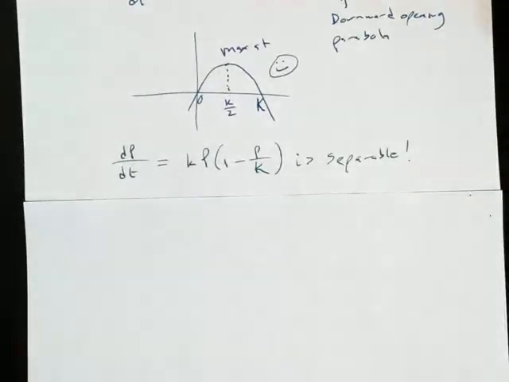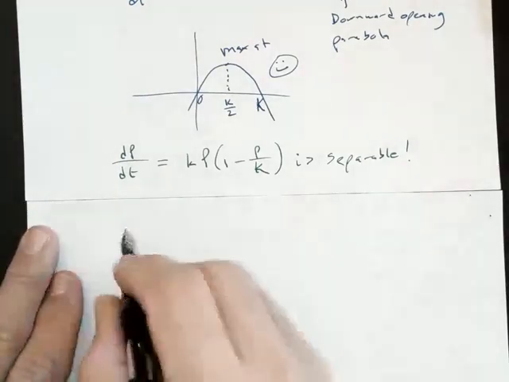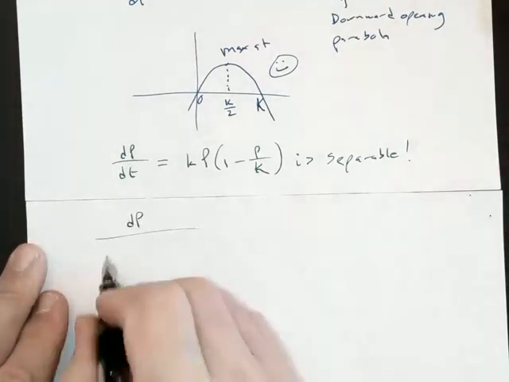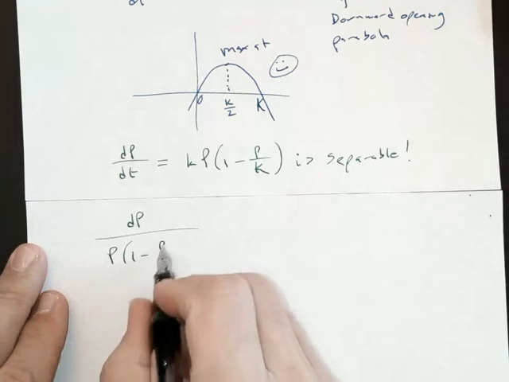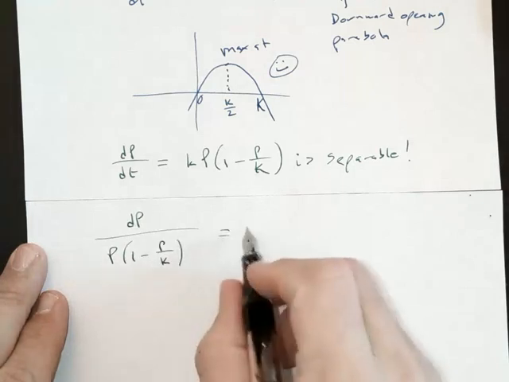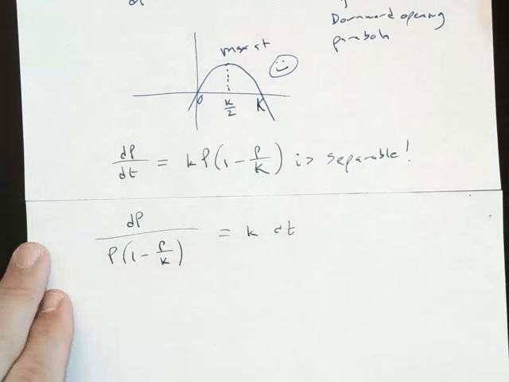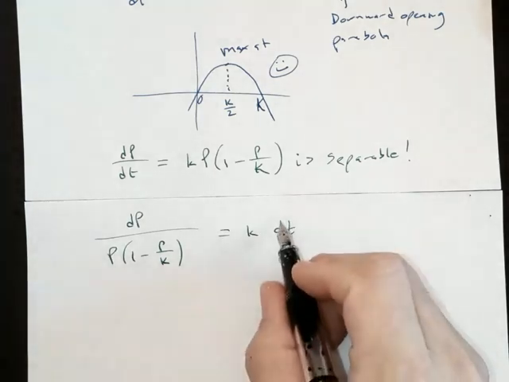But in order to separate this equation, I end up with dP over P times (1 minus P over capital K) equals little k dt. The right side's a piece of cake. The left side sucks.